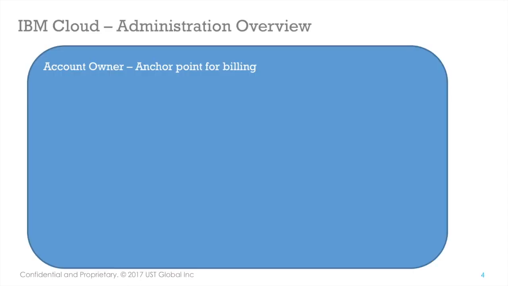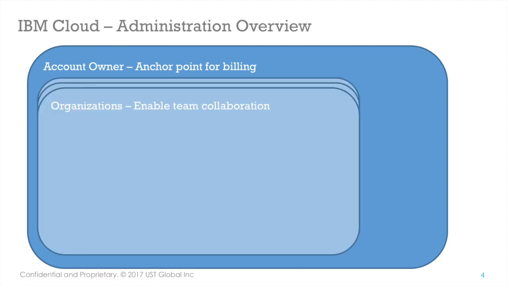Inside the IBM Cloud, we have a first level, that is the account owner, which is the anchor point for billing. There's only one account owner that is taking care of all the operations around the account. Then we have different organizations inside the account, so different operations can be driven, and different teams can collaborate without seeing what the other teams are doing.